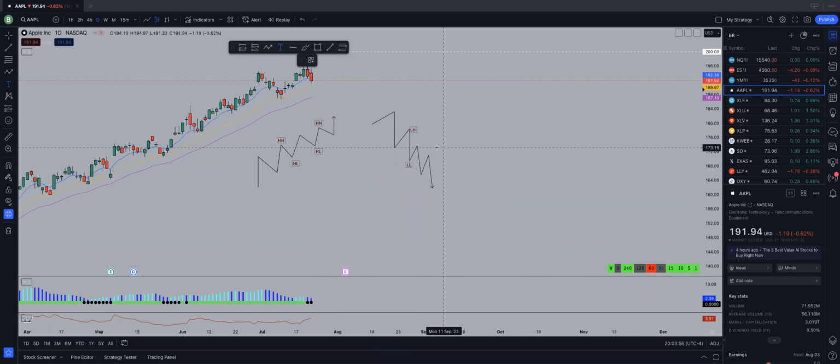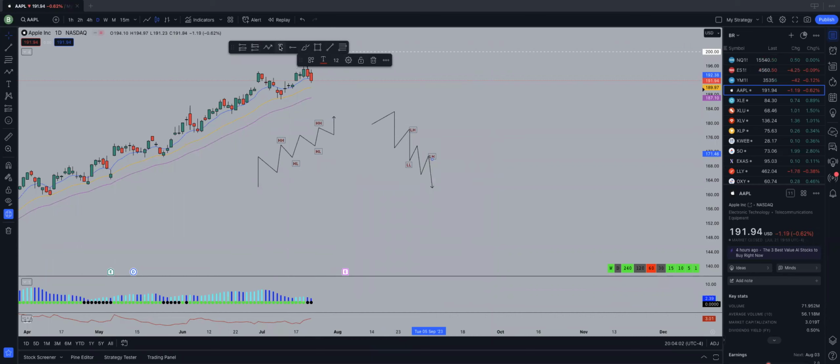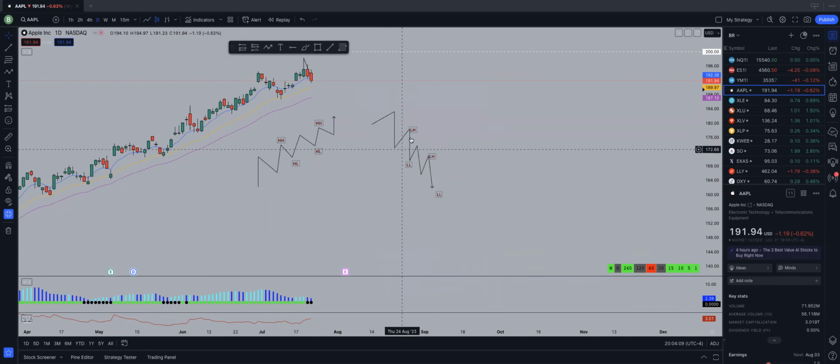And then we have lower high. And then we have a lower low. And so on and so forth. So these are the basics of what a trend will look like, right?